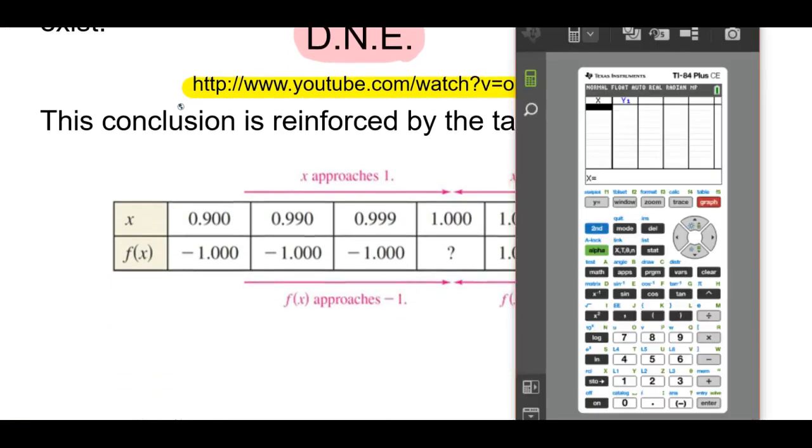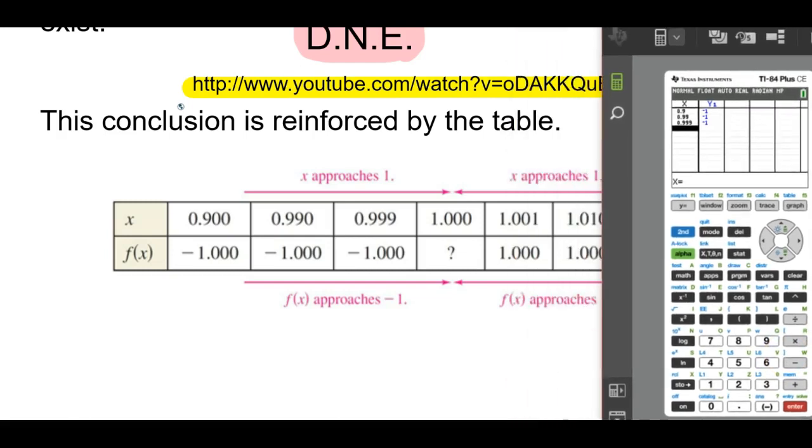In your homework on WebAssign, they might ask what it is if you let x be 0.9, and you can see it generated the -1 and then 0.99, because that didn't show up in my table before. So 0.999. And so you can enter values, and you can see it's getting really, really close. From the left, it's getting close to 1, and then you can check some values to the right by checking 1.001.